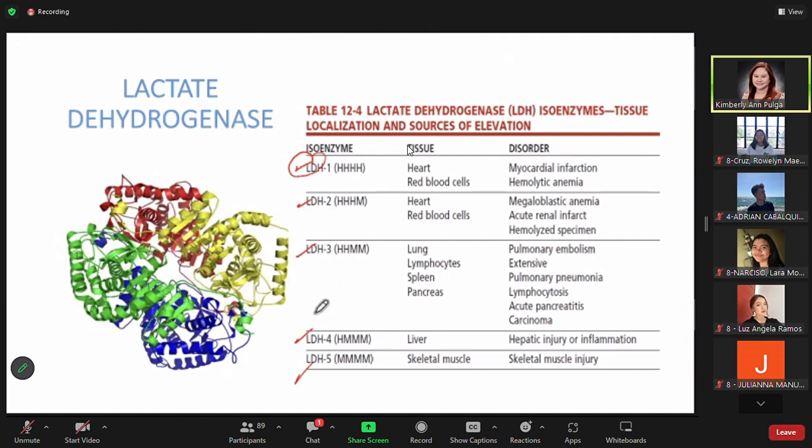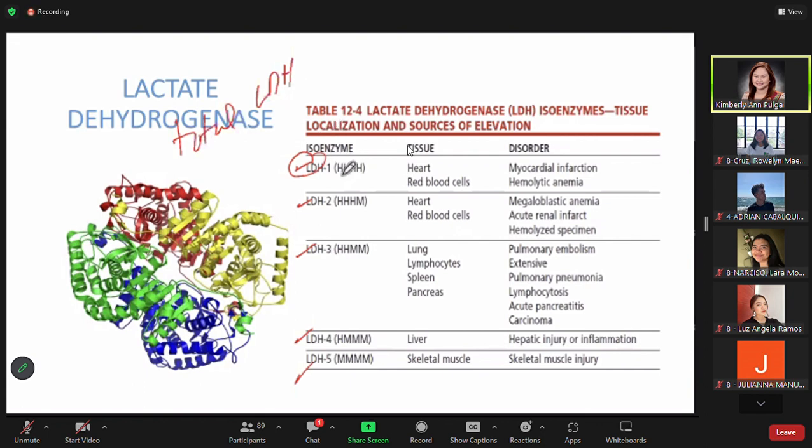So 1, 2, 3, 4, 5. And mas maganda po kung ang LDH ay i-measure natin on their separated isoenzyme fractions. Katulad nito, no? Kasi kapag total LDH lang, mahirap because it's non-specific because we have a lot of tissue sources.